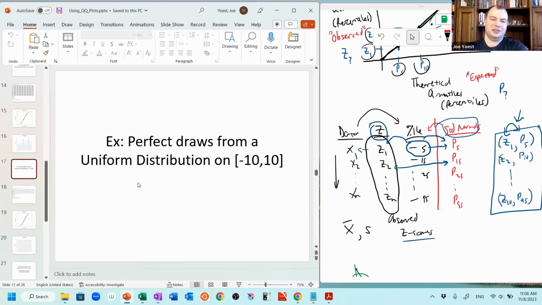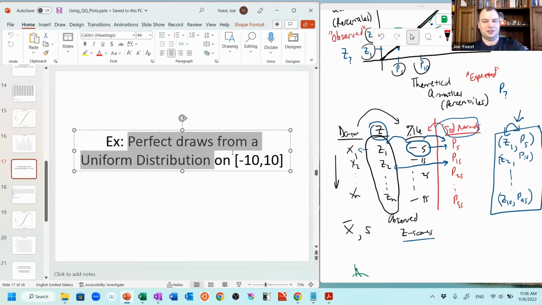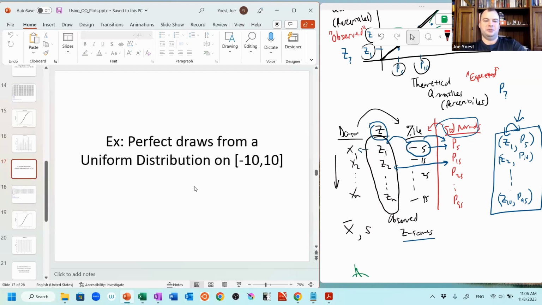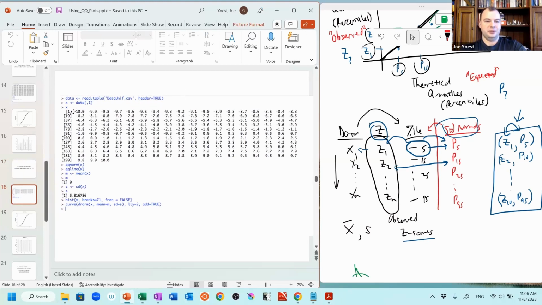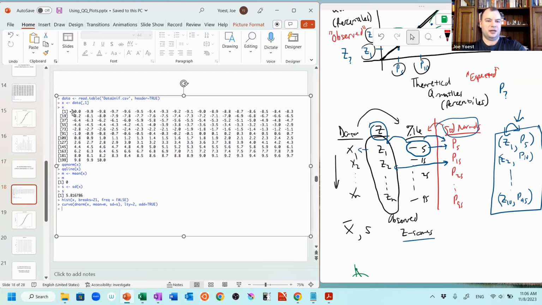This isn't really an informative example. I think it's just a pretty picture. What about perfect draws from a uniform distribution on -10 to 10? What if we start with -10, work our way up to +10, and go in increments of 0.1? So I would have 201 draws from a uniform distribution that are perfectly lined up along that uniform distribution.